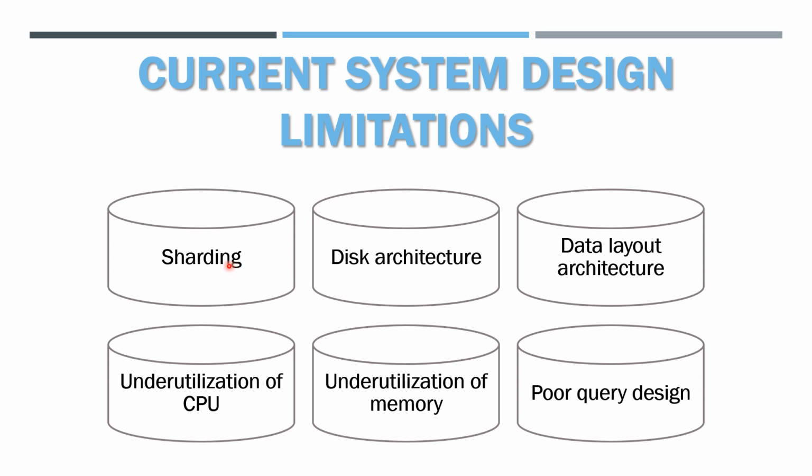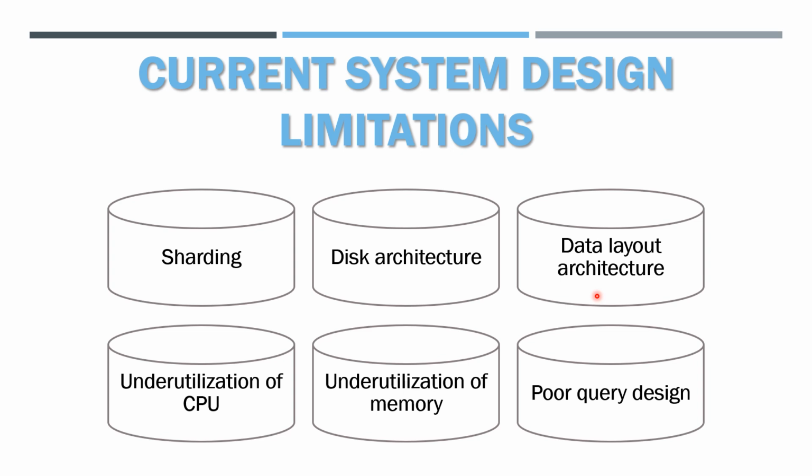Then the SAN architecture underperforms, and due to the data architecture and data model issues, the data distribution is highly skewed, causing poor optimization to occur at the database layer. That's the limitation.